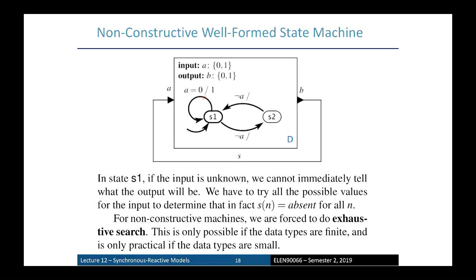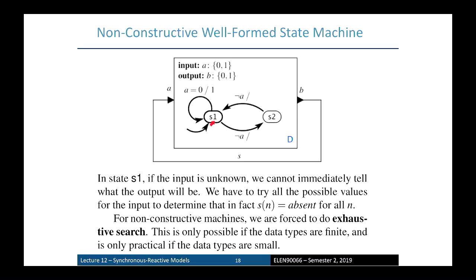What's the transition for that? If A is 1, B is 1, no, that's not a fixed point either. You enumerate all the possibilities for A. The only one that works is if A is absent. If A is absent, this transition is taken, and it also means the output's absent, which agrees with the condition. So you don't have a contradiction there.